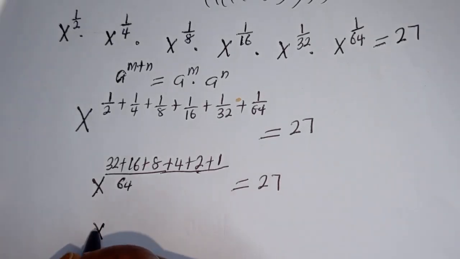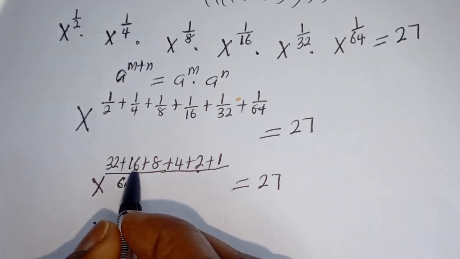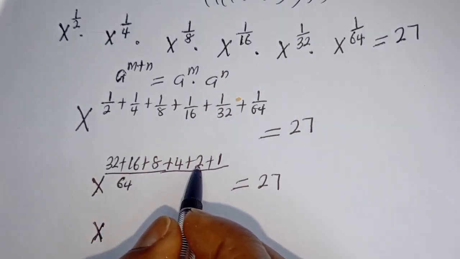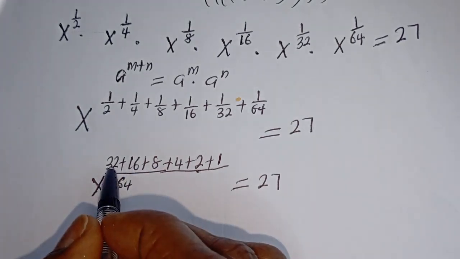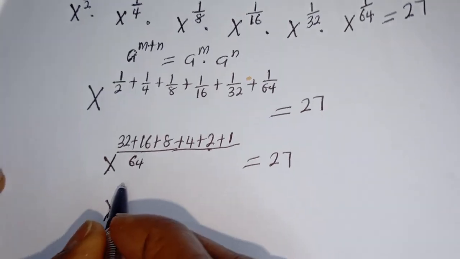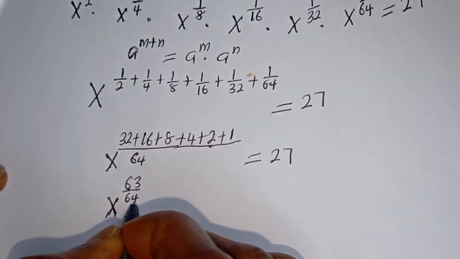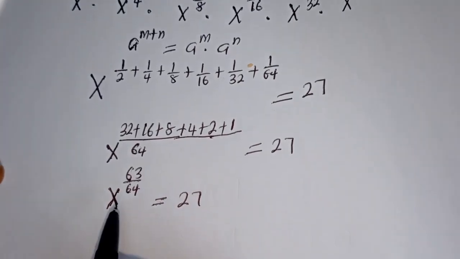Then we have s to the power of, here is 16 plus 4, that is 20. 8 plus 2, that is 10, plus 20, making 30. Then 30 plus 32, that is 62, plus 1, that is 63. We have 63 over 64 is equal to 27. But we are looking for the value of s.